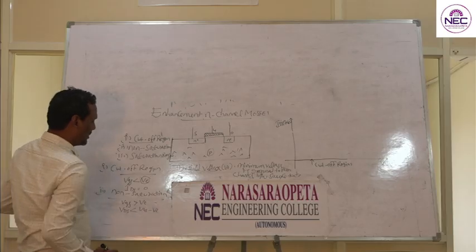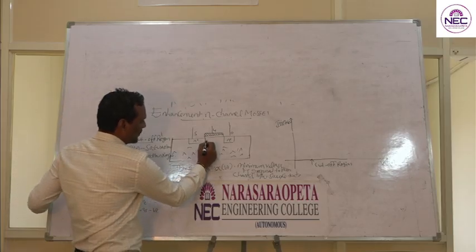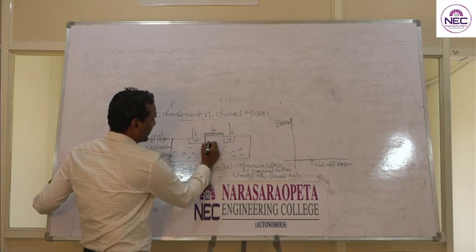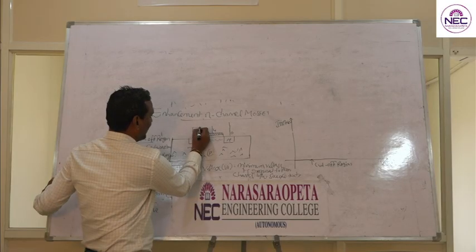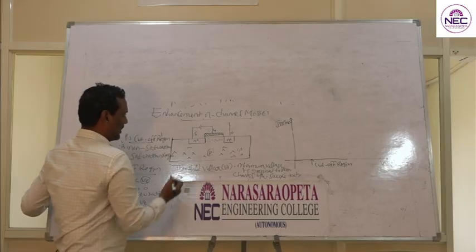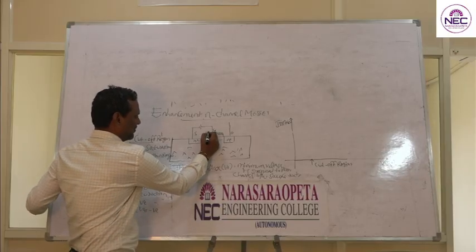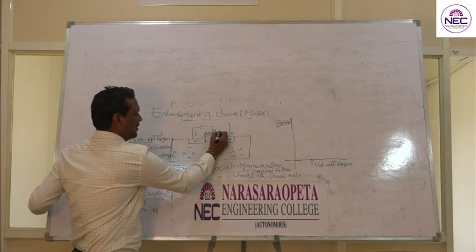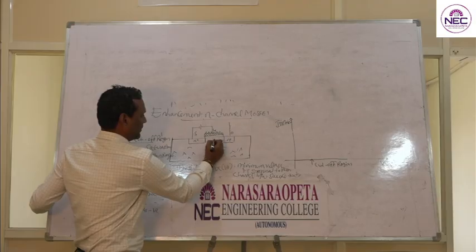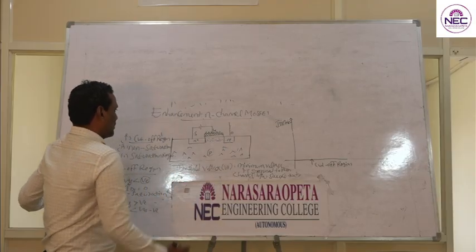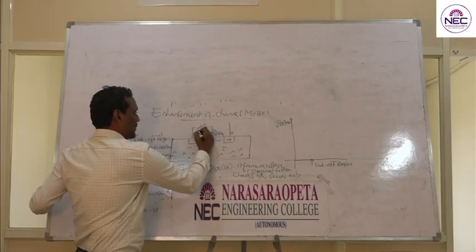That means here the channel forms between source to drain. When we are applying the gate to source voltage, here we are applying positive, so the electrons are attracted and it forms the channel. So now this is the value of VGS.